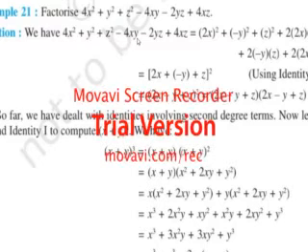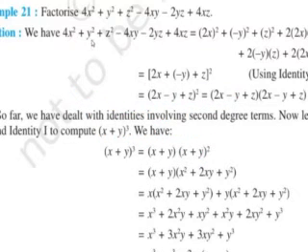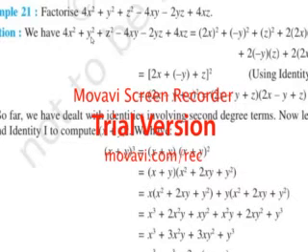But here the 2xy, which after multiplying comes minus 4xy, is negative. That means from either 2x or y, any one will be negative, then positive into negative will become negative. As you can see here it is minus 4xy.